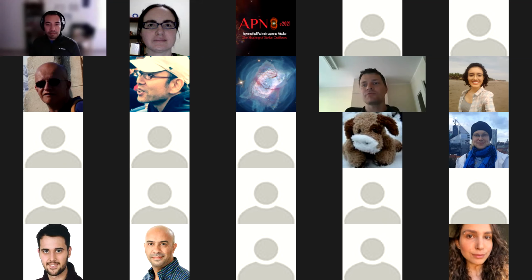So we ask the difference between NGC 2371 and the Ring Nebula. Well, I didn't look very carefully at these cases, but this NGC 2371 is a bipolar nebula.